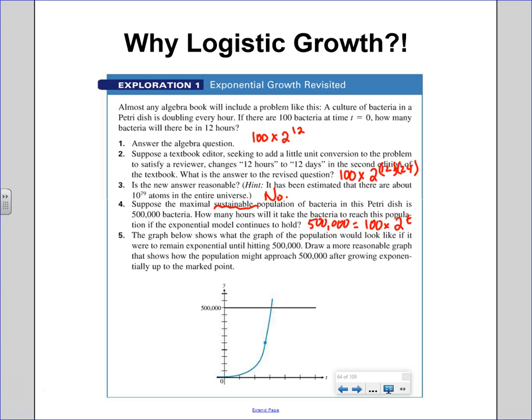So we could divide 500,000 by 100, take ln of both sides, and then divide by ln of 2. How long would it take? About 4.26 hours.